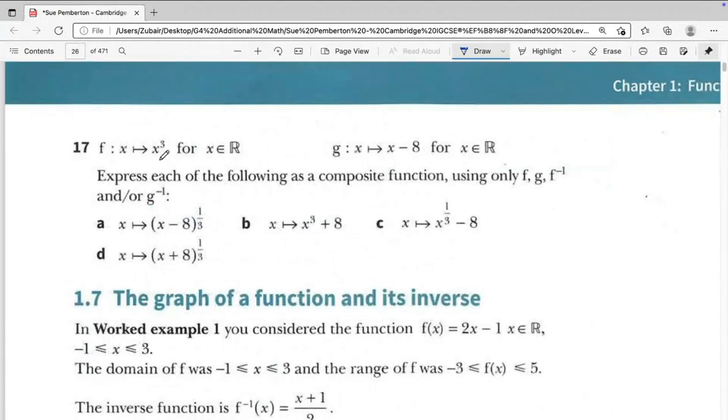We would need some expressions like f, g, f inverse, g inverse. What would this be, out of these? Okay. Could you just do A for demonstration? Yeah.